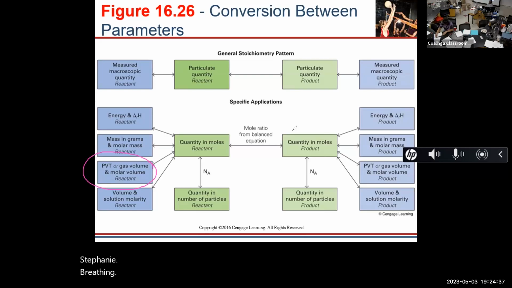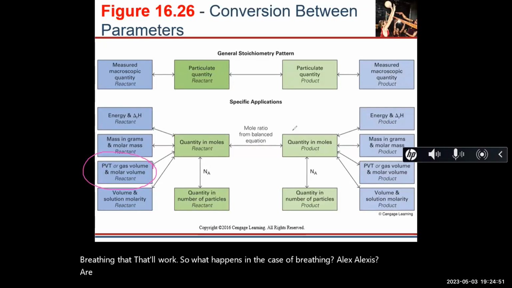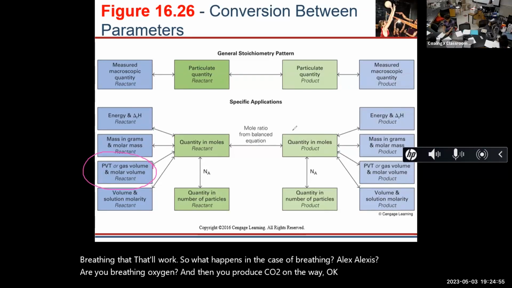Okay. So breathing, that'll work. What happens in the case of breathing? Alexis? You breathe in oxygen and then you produce CO2 on the way out. Okay. So show me how it's balanced.